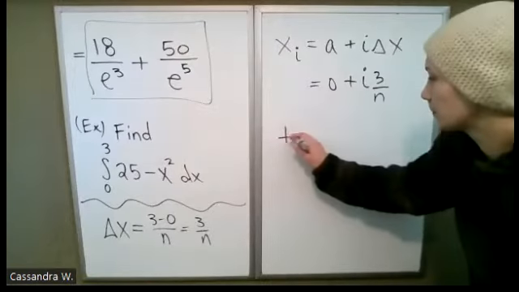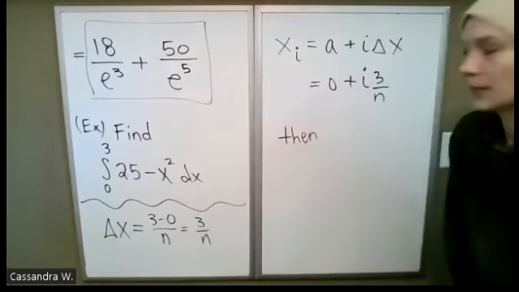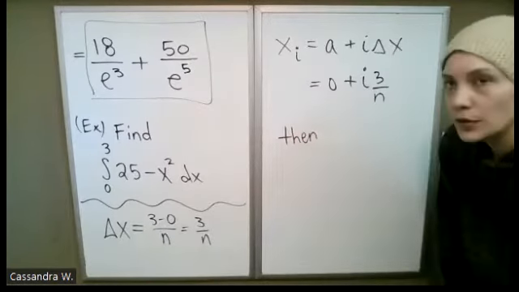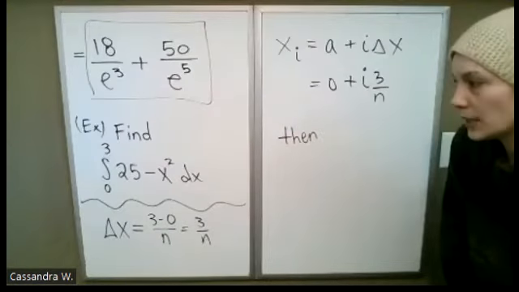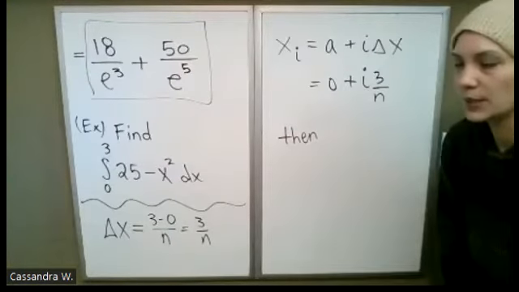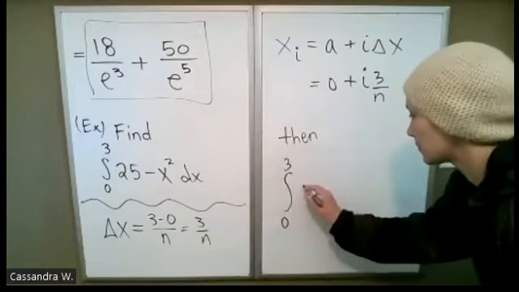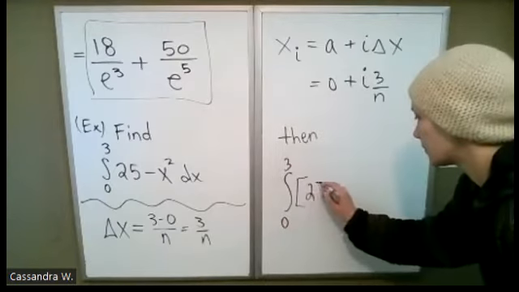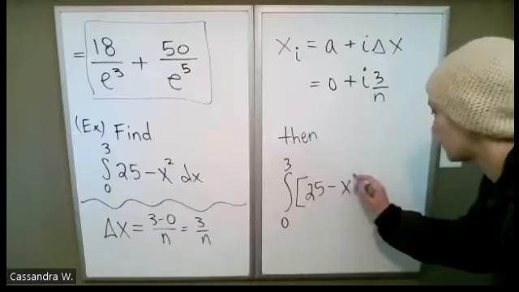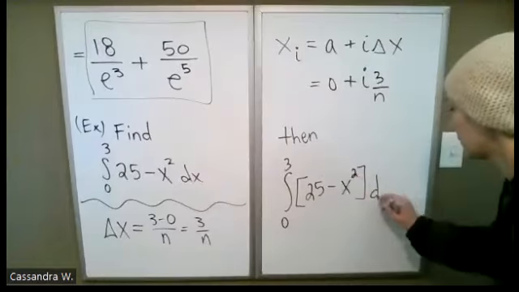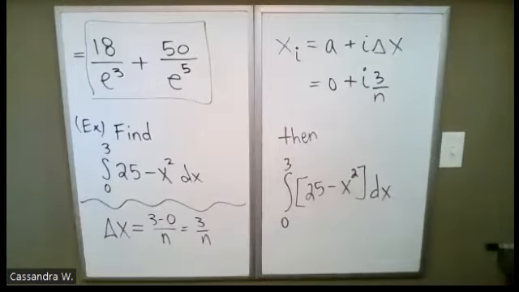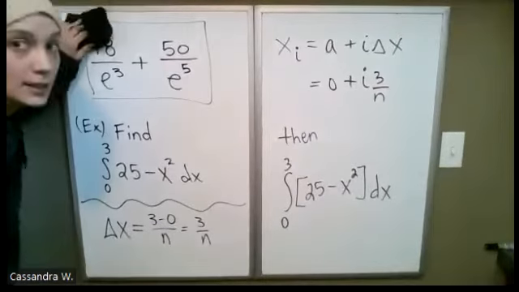Okay. The integral from 0 to 3 of 25 minus x squared dx is equal to the limit.